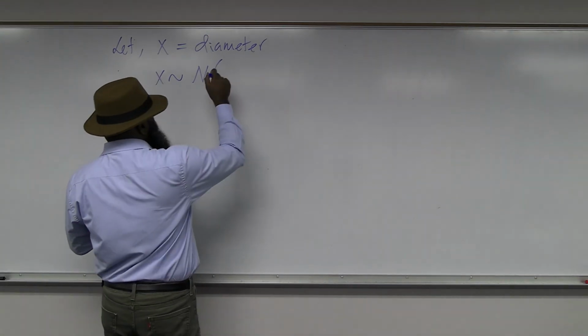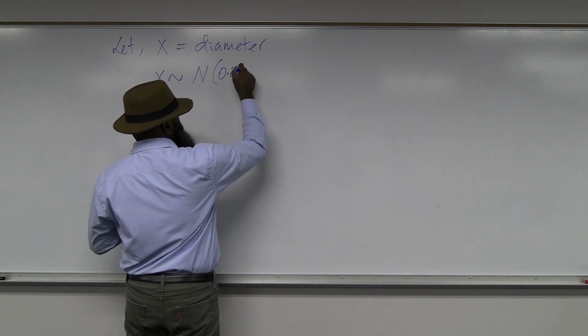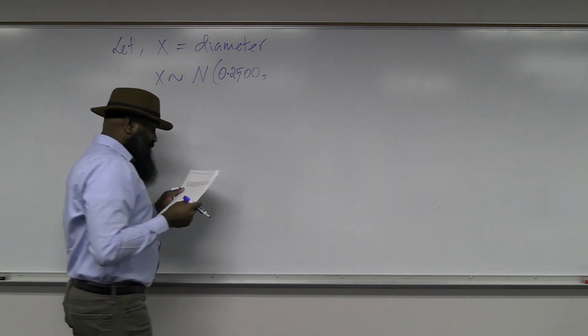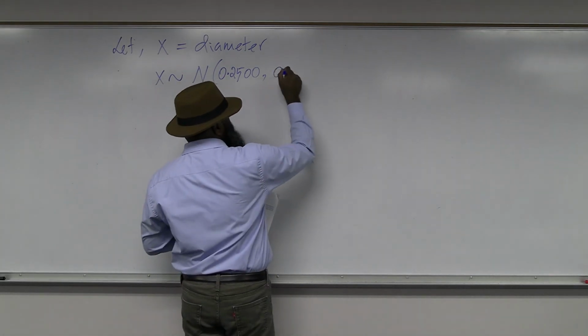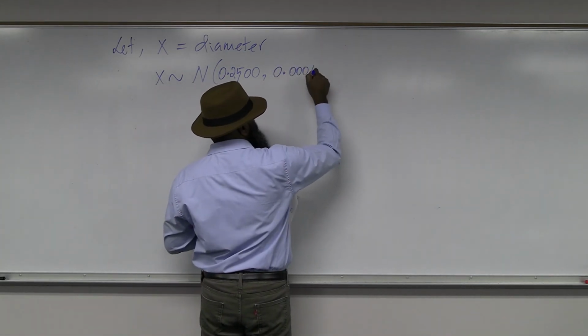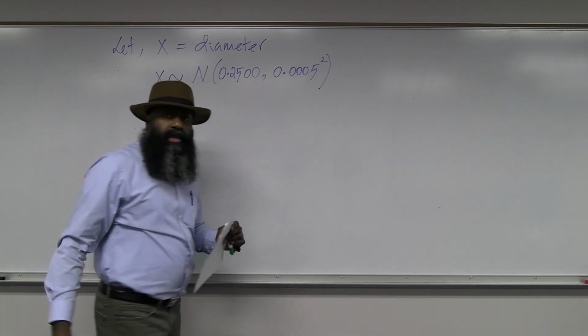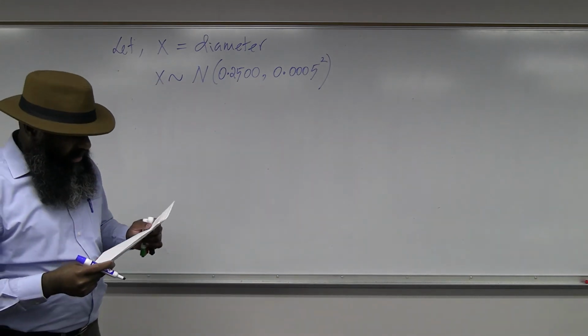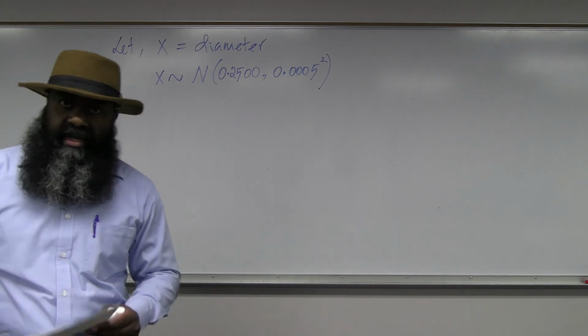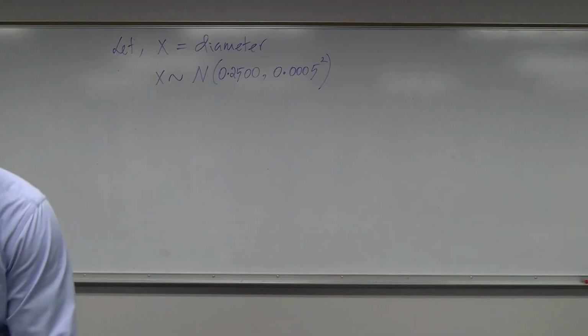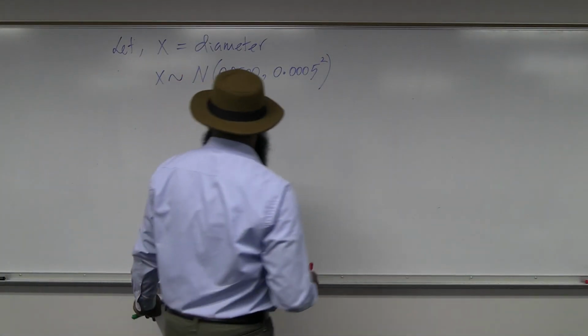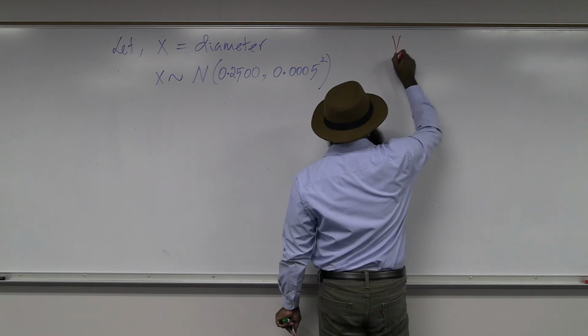With a mean of 0.2500 and a standard deviation of 0.0005, which means the variance should be 0.0005 squared. So that's that random variable. And then surface roughness, that's the other random variable. The surface roughness follows a uniform distribution from 32 to 64. So I will define Y as the surface roughness.